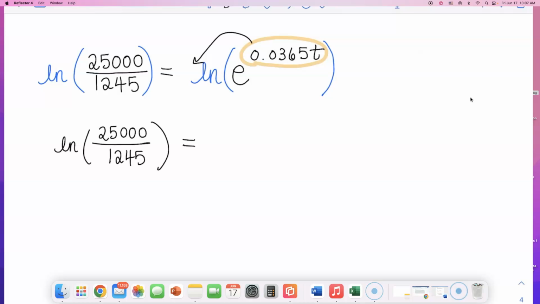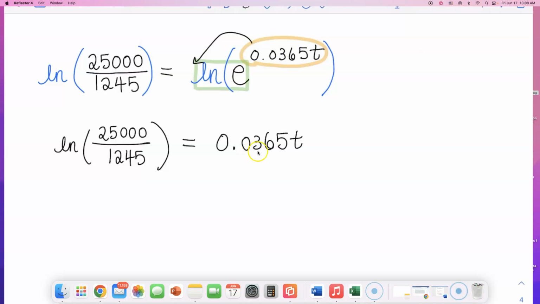Using the log property. So we will have 0.0365t, not anymore a small superscript, but just a term now. It's not an exponent anymore. And then I was going to write down ln e, but what is the natural log of e? That is just 1, so we don't have to write that down anymore because that's just multiplying this by 1.